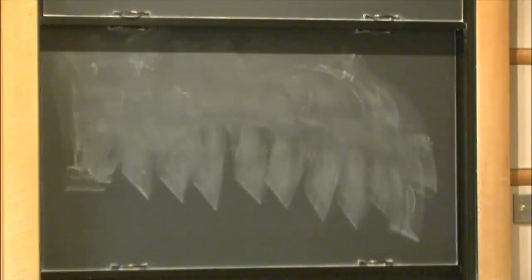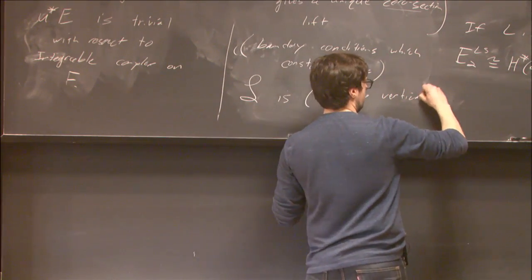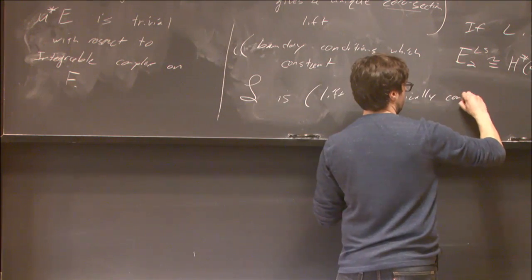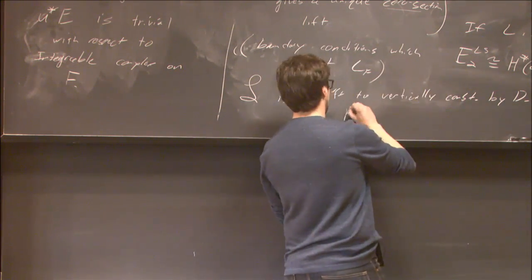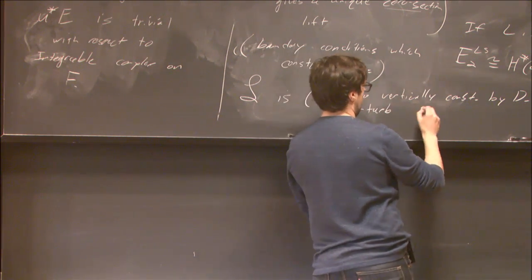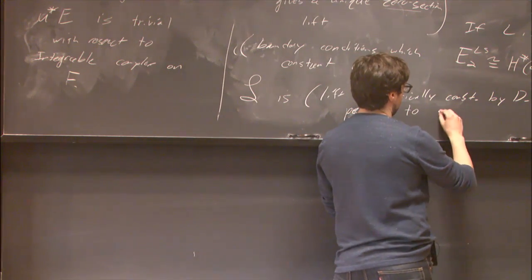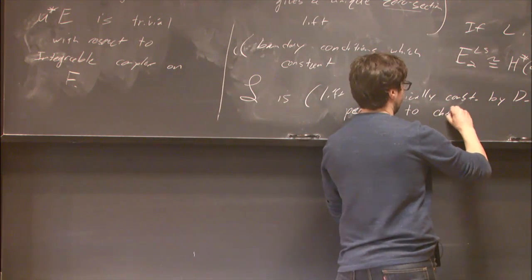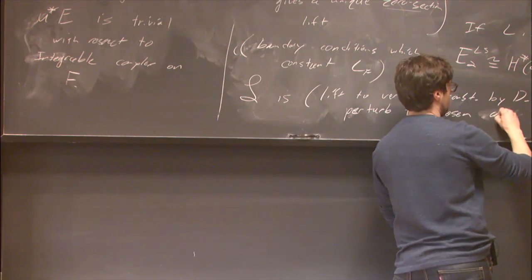So that's L: lift to vertically constant by Donaldson, perturb to chosen perturbation data, say almost complex structure.